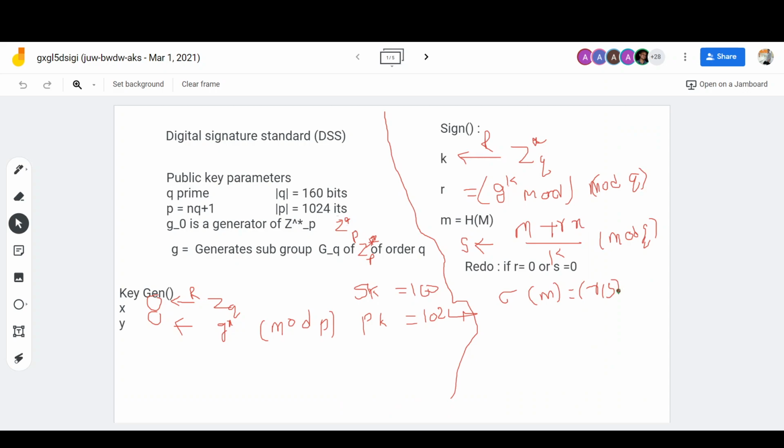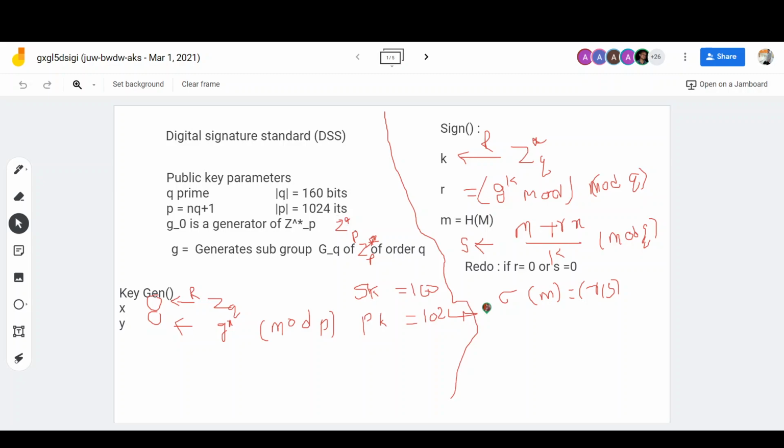Clear? The final algorithm we have is the verification algorithm. In this verification algorithm, what do you need to check?